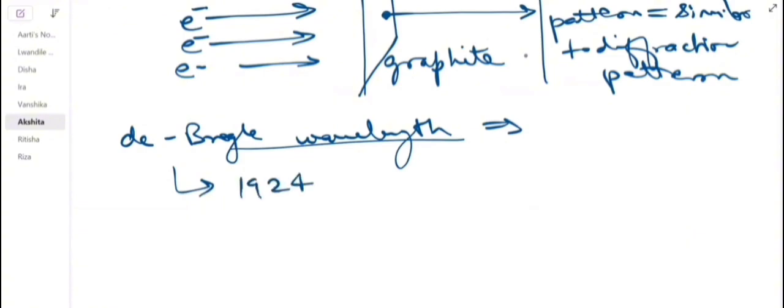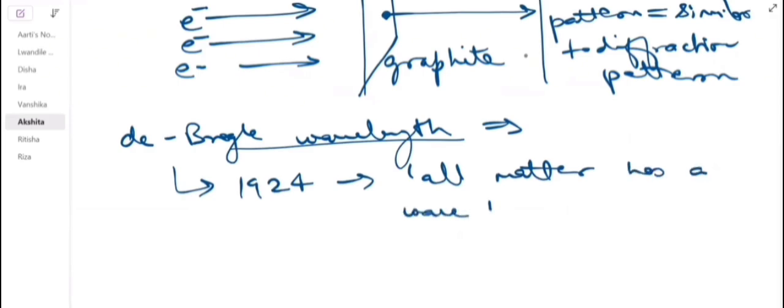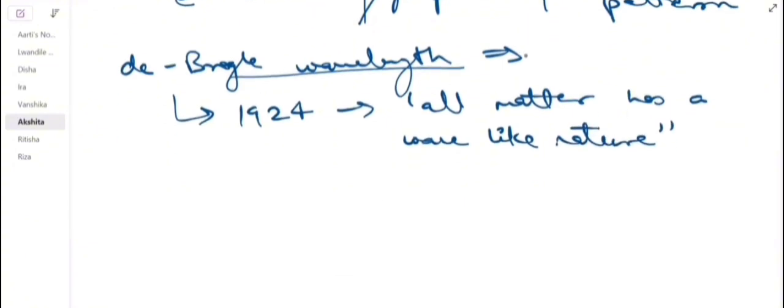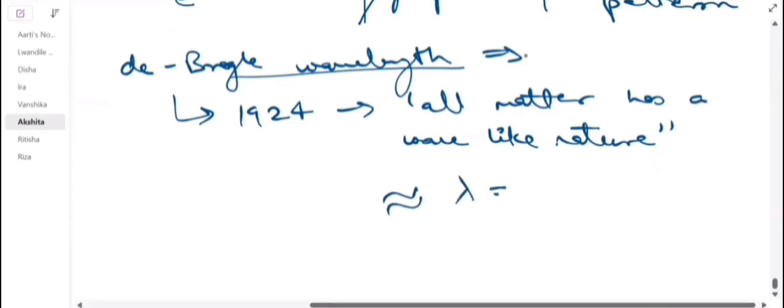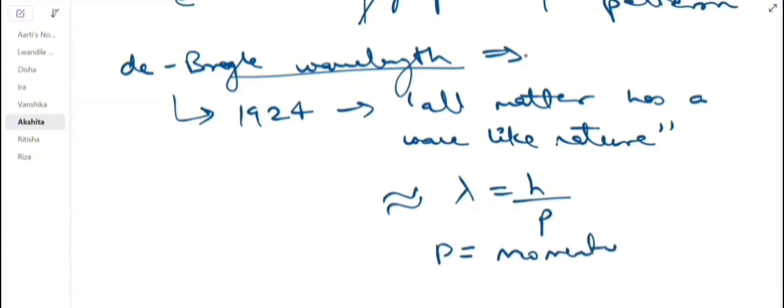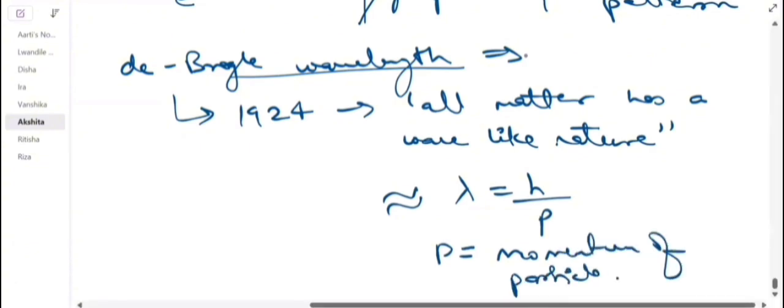In 1924, he proposed a theory which is known as: all matter has a wave-like nature. And it is equivalent to the wavelength of h over p, where p is the momentum of the particle.